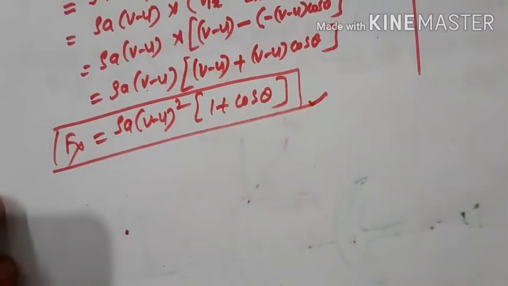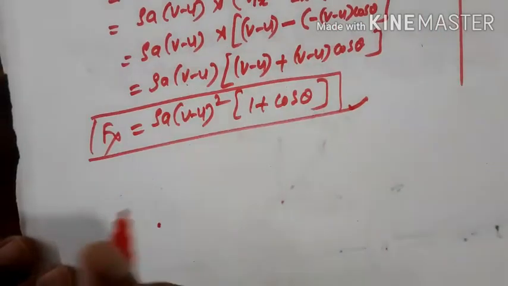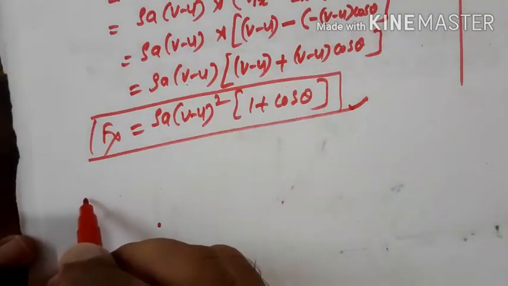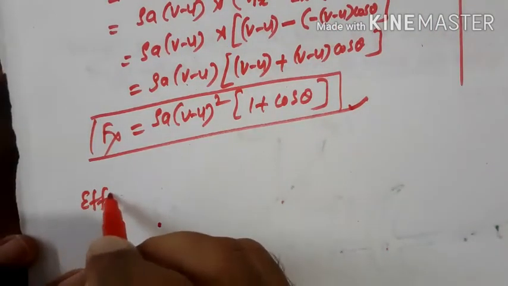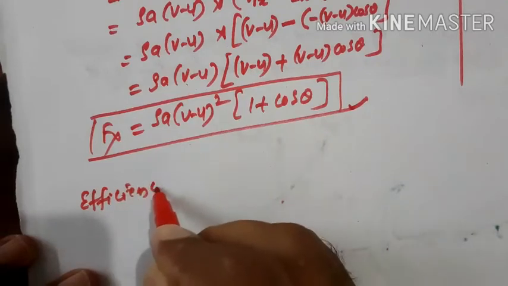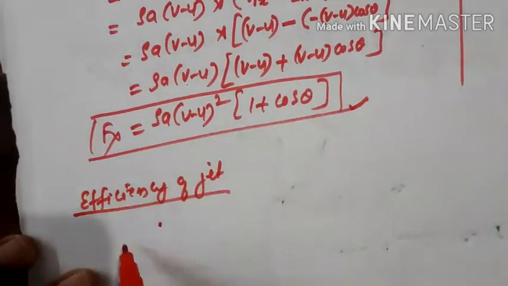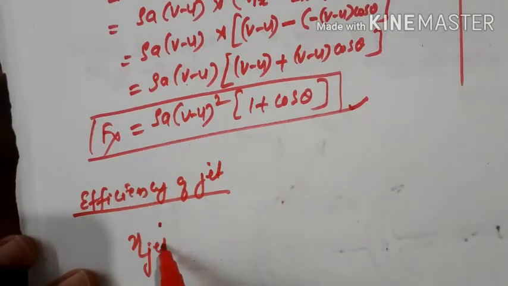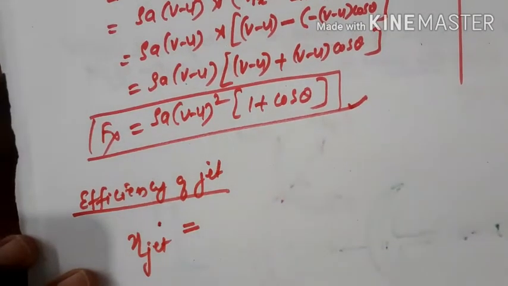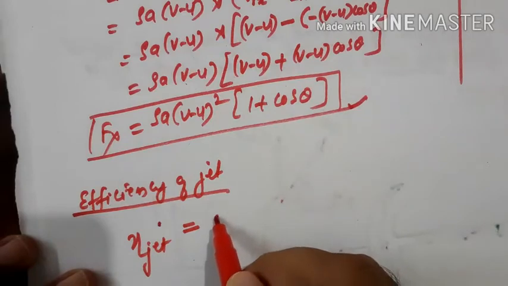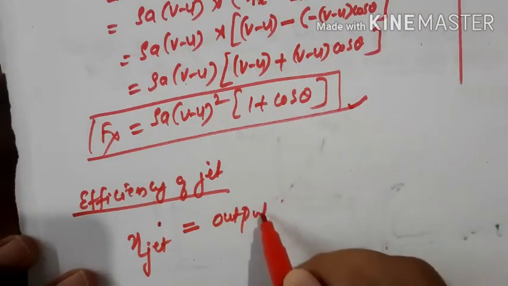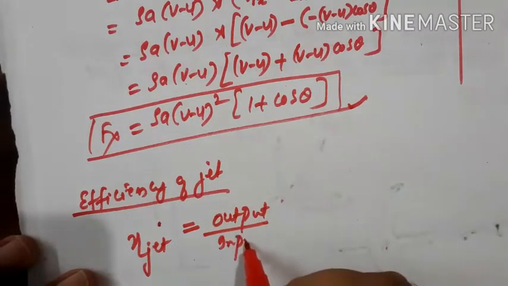This is the answer. Then as we know how to calculate the efficiency, now calculate the efficiency of the jet. So the efficiency of a jet formula is output by input.